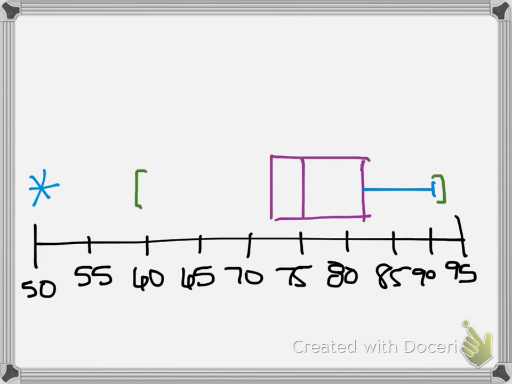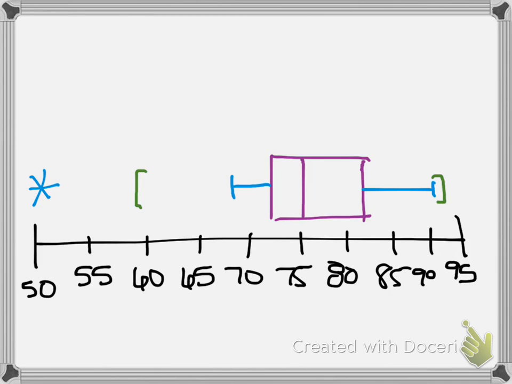So if I ignore 50 from the data set, the next smallest number would be 68. So I'm going to label the 68 and connect that. This was from the data set that we used when we learned about the 5-number summary. So you can see we started with 50, and then the next smallest number was a 68.